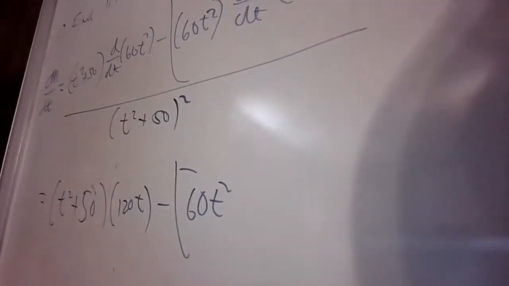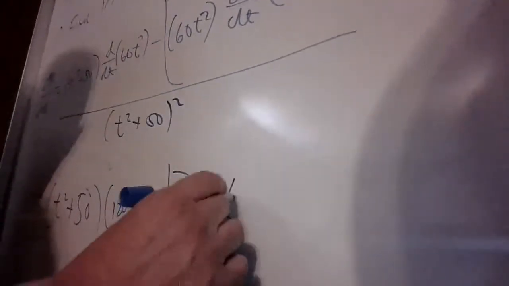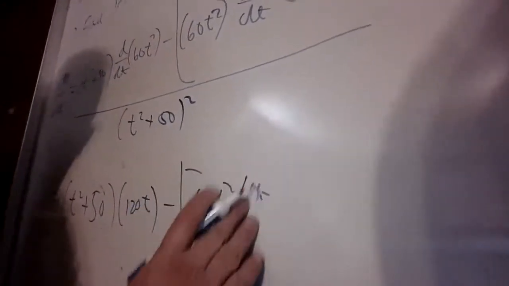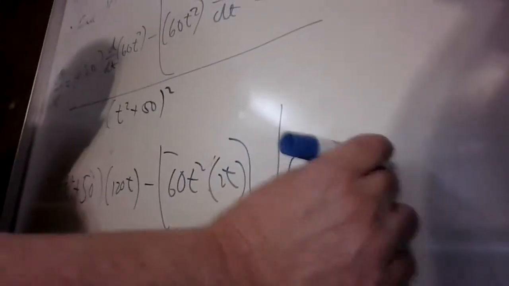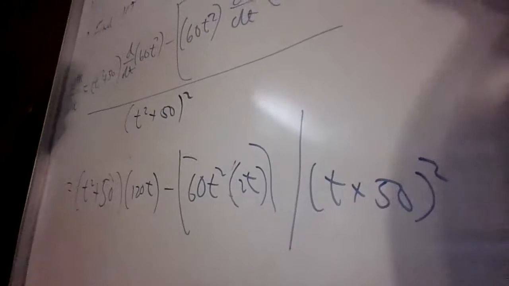The derivative of t squared plus 50 is simply 2t. And the whole thing is divided by t squared plus 50, squared.